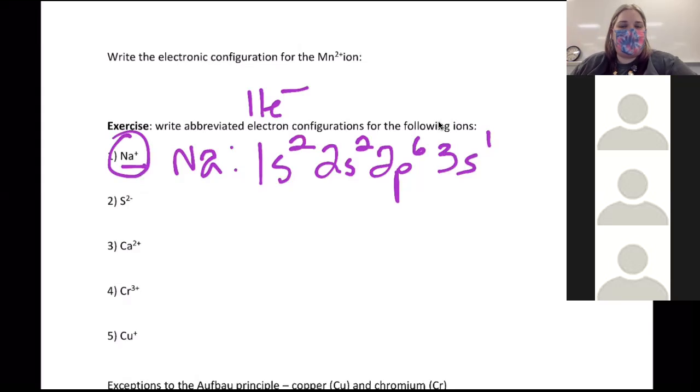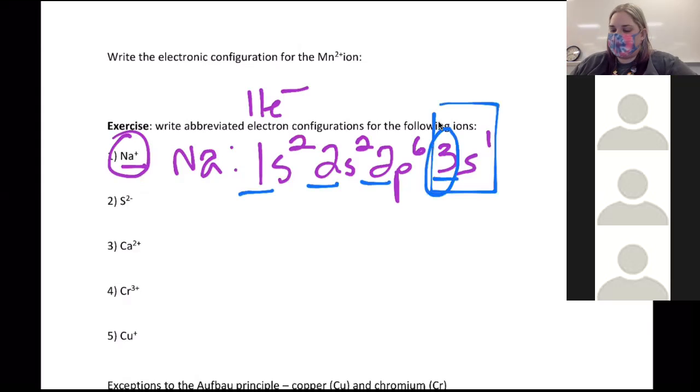All of the metals that form positive ions will lose their valence electrons. Valence electrons, if you remember, are the ones in the highest energy level. These numbers in the front represent our energy levels. So the highest energy level sodium has is the 3rd energy level, and it has 1 valence electron in the s sublevel.